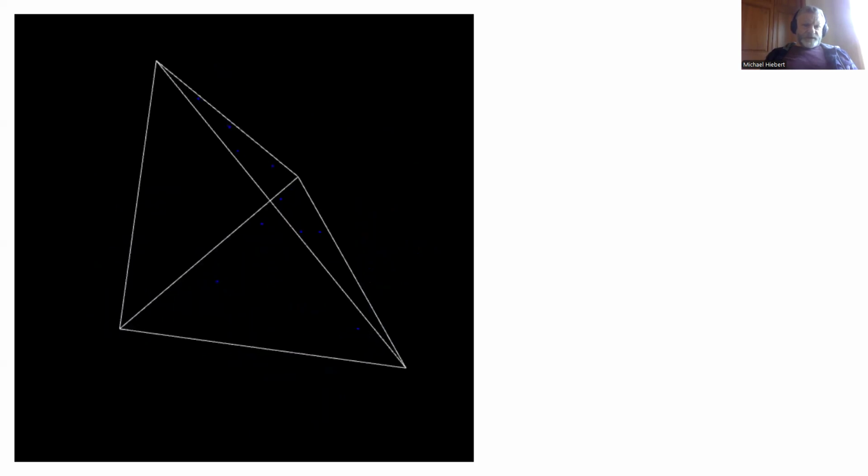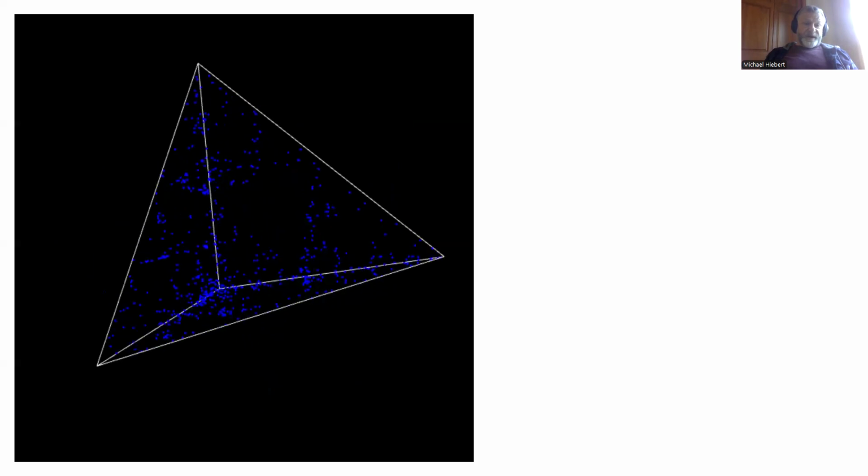That is a fractal structure. Notice these blue dots that are appearing one by one within this tetrahedron. Here at the beginning, they seem to be very random.